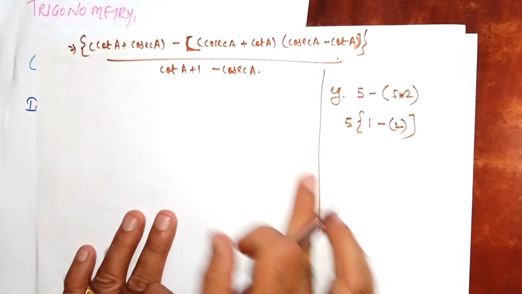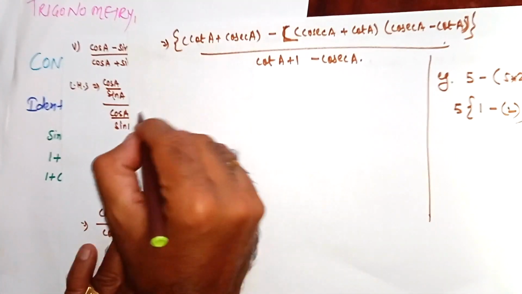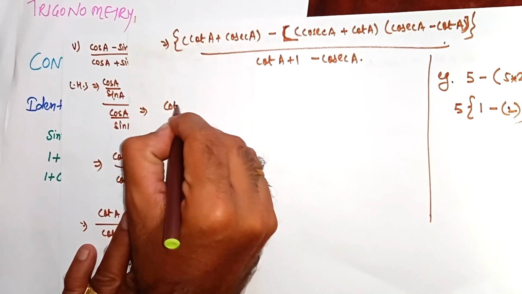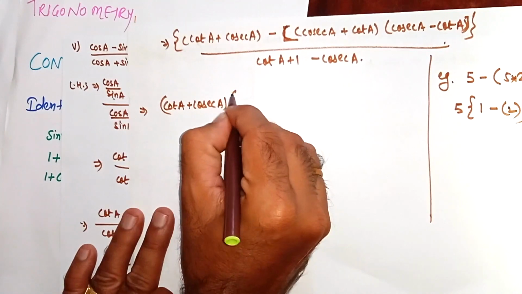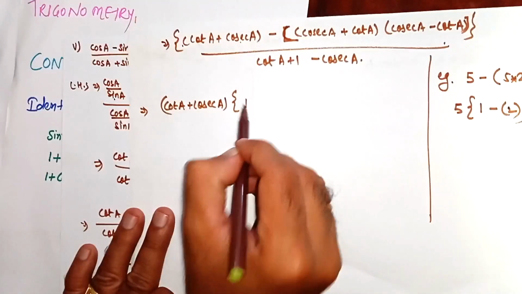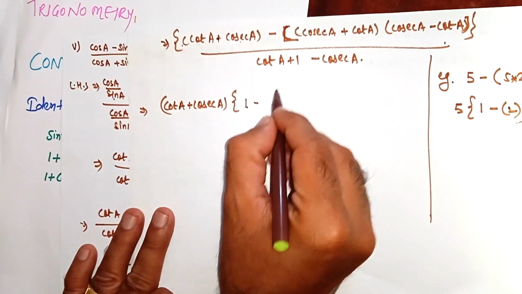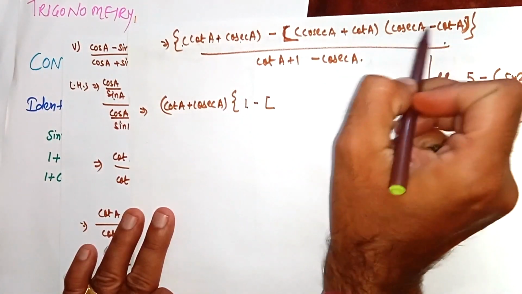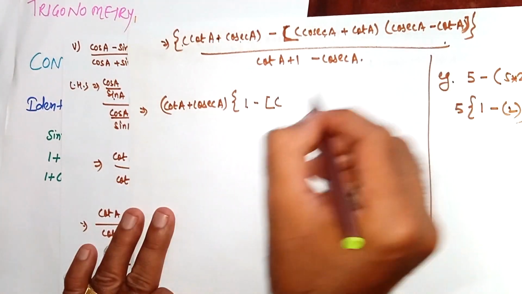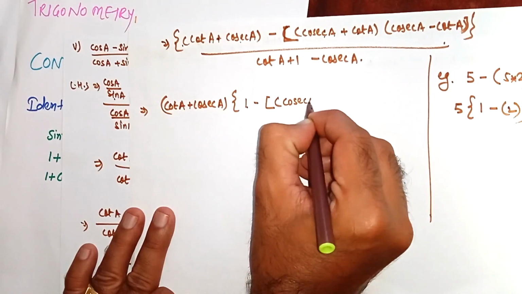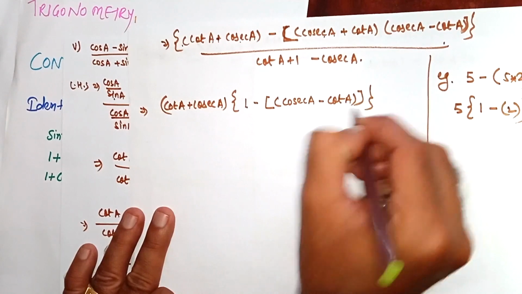Let's apply the same process here. Taking out cot A plus cosec A common, in this bracket we are left with 1, because if we multiply it by 1 it will become cot A plus cosec A. This negative sign here, and this bracket, we have been left with cosec A minus cot A. I hope you get it.